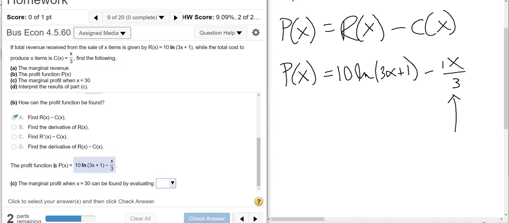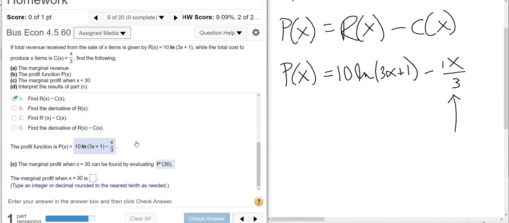Now, the marginal profit means we have to take the derivative of this. So we need to find P prime of 30. Not R of 30, not C of 30, not C prime of 30, not R prime of 30, but P prime of 30 is the marginal profit, the change in the profit at a level of 30 items.